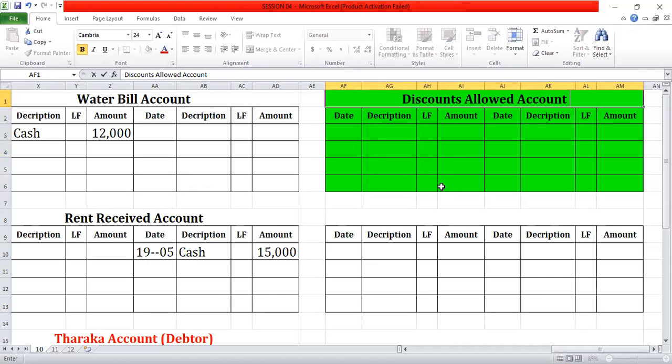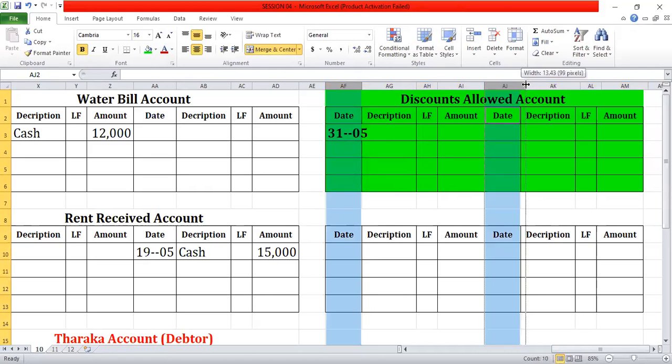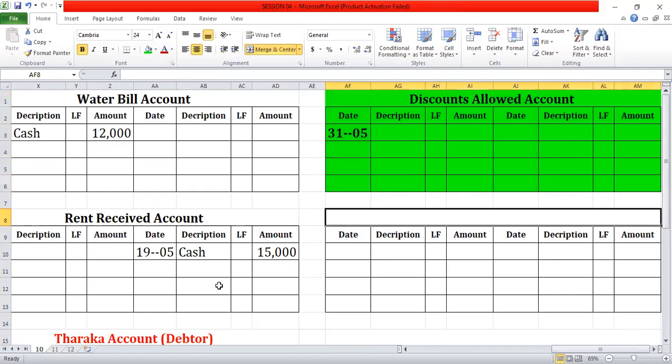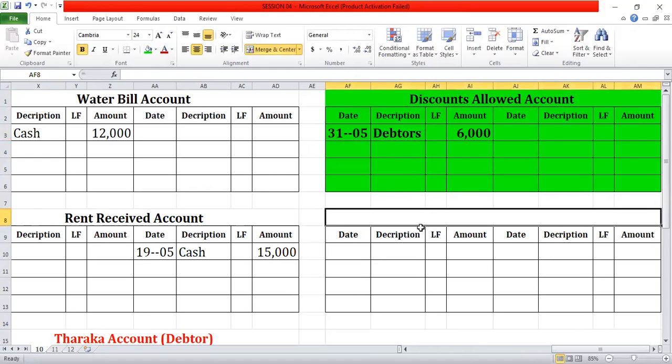So, it is done at the end, on the last date of the month, 31st of May. We have allowed a discount worth 6,000 to debtors.